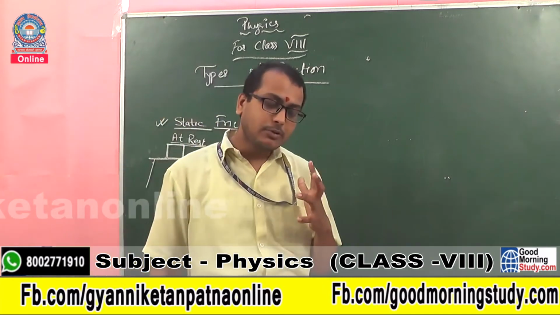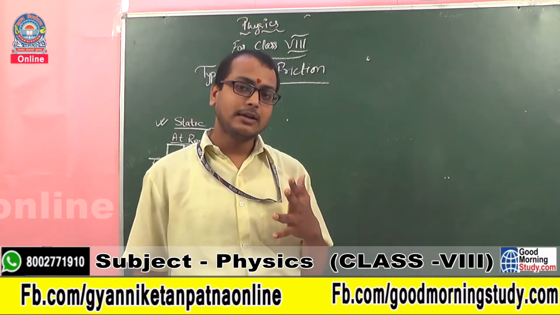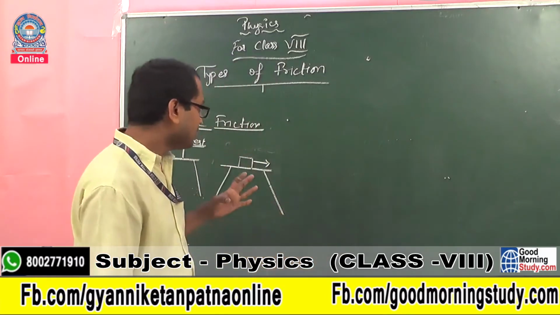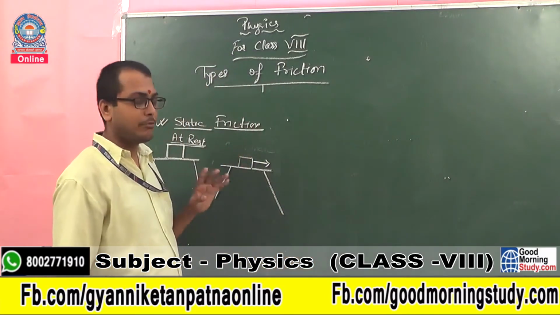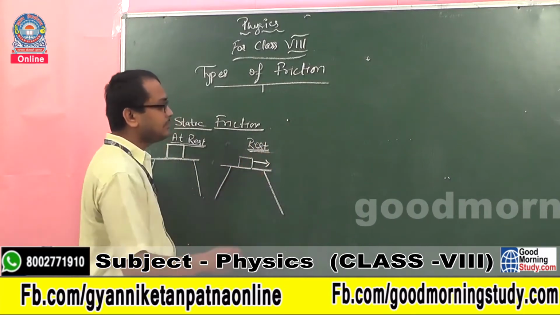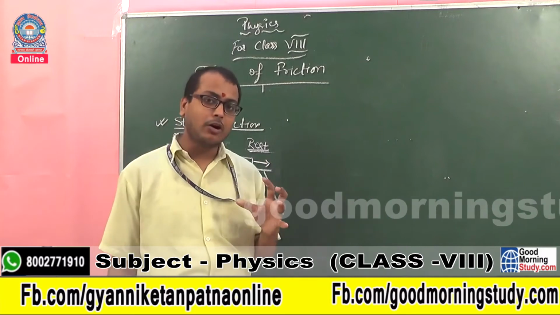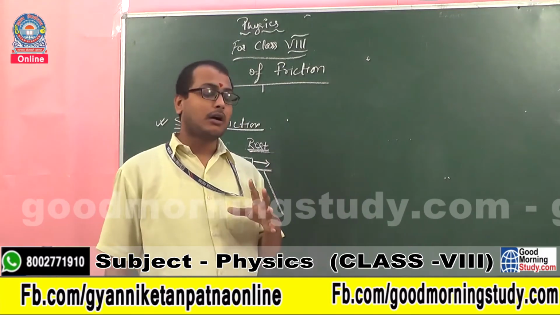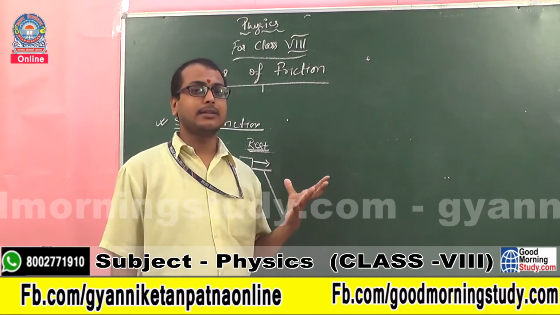As we know, the friction force always opposes the relative motion. Still the object is not moving, it is still at rest, but this time the object has a tendency to move in the right direction.